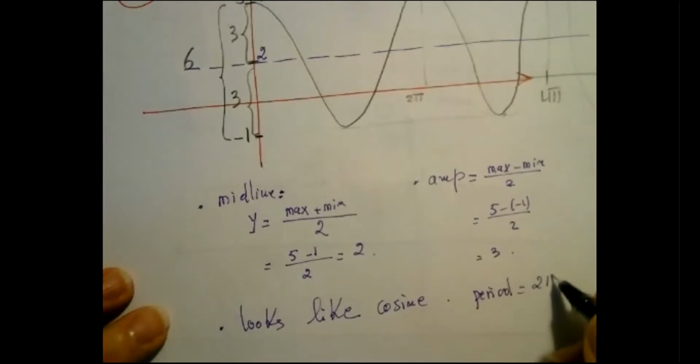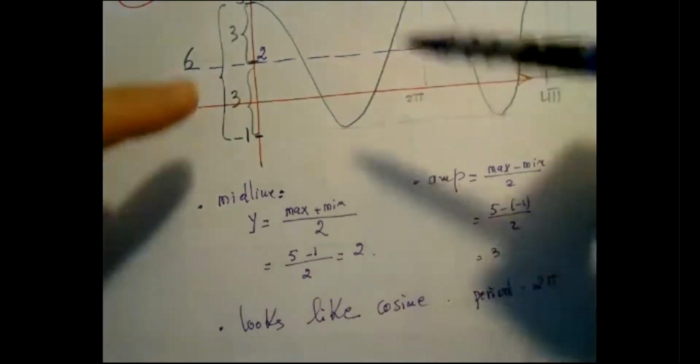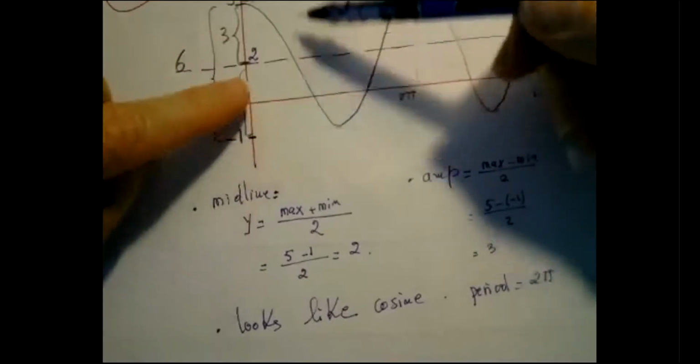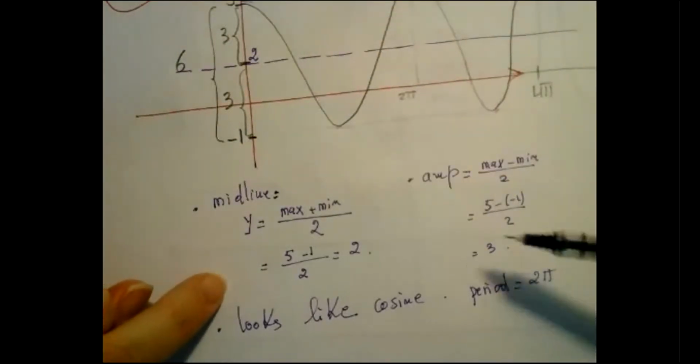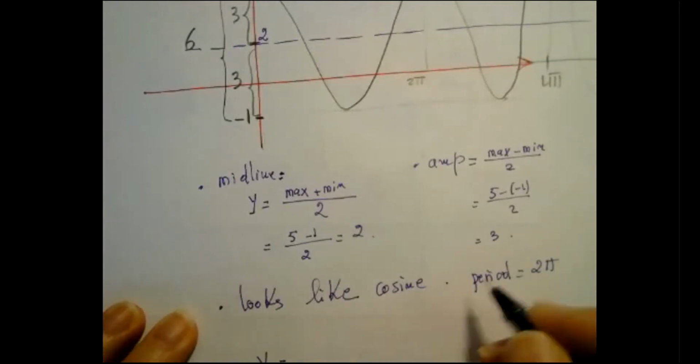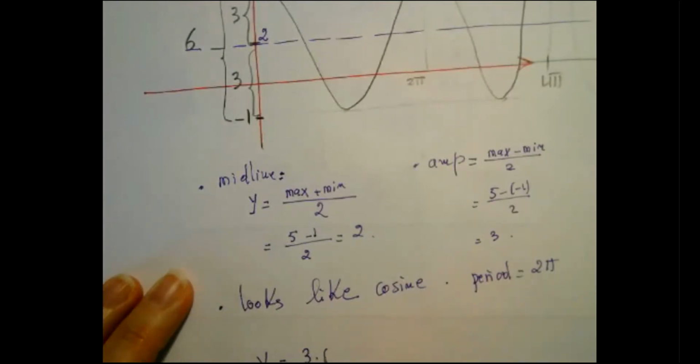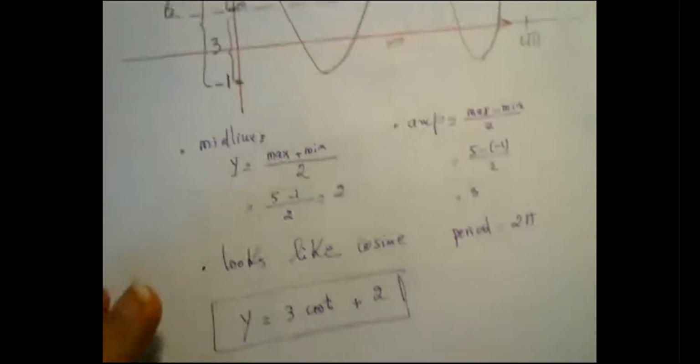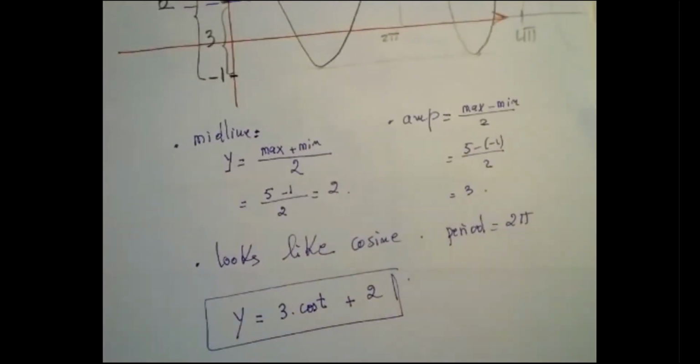So it's basically the graph of cosine, stretched by a factor of 3, and then shifted up by 2. So the graph would be 3 cosine t plus 2. So this is the formula for this particular function.